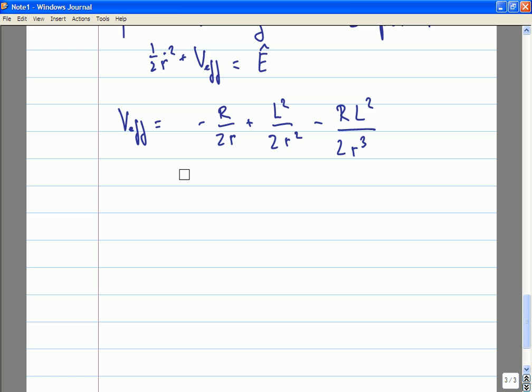So let me remind you of Newtonian gravity. In Newtonian gravity, you have the identical situation. And what is the effective potential in Newtonian gravity? Well, it's minus GM over r.